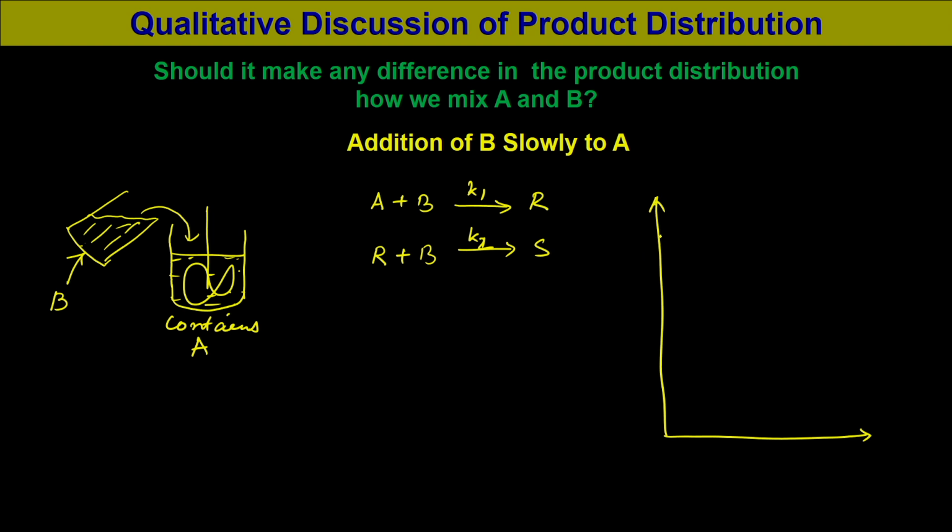So, the product distribution in this case would be: A will be used up and R will form, and S initially very low and then S will increase.